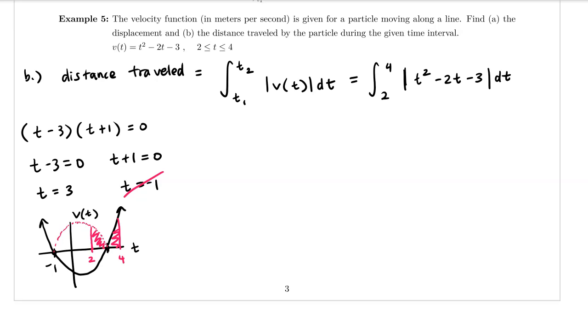Now, how do we get that when we have an absolute value bar here? So one way of going about doing this is I can take my definite integral that I have right here with the absolute value bars, and I can break this up into two definite integrals. So my first one would be the definite integral from time 2 to time 3, and I'm going to include my velocity function.